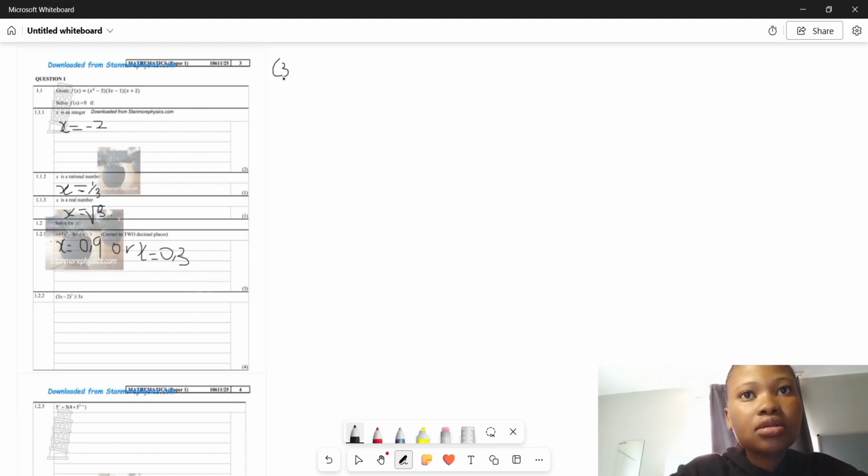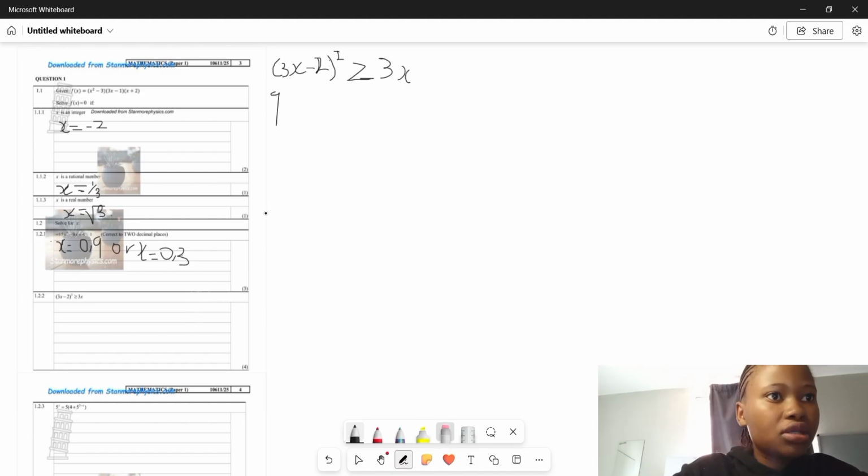Okay. So now we are moving on to the next part, which is our inequalities. We are given 3x minus 2 to the power of 2, which is greater or equal to 3x.